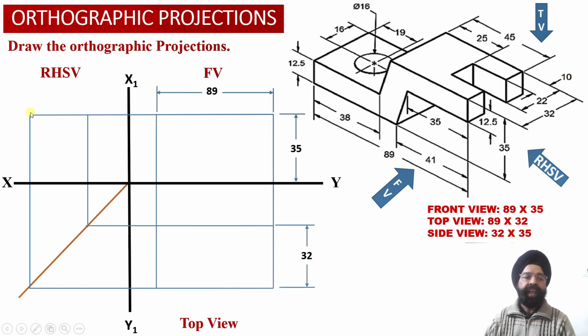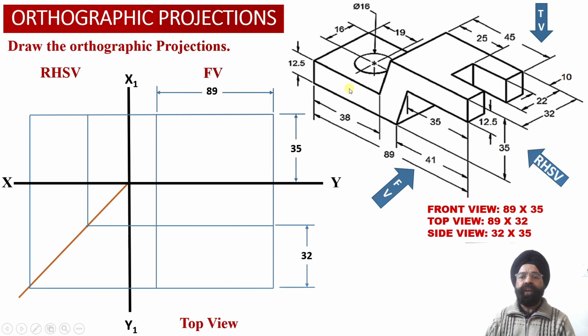So this way we have been able to complete the right hand side view face corresponding to this solid also, which is mirroring 32 millimeter depth of the solid, 35 millimeter height of the solid over here. So this way we have been able to obtain the front view face projections, the top view face projections, and the right hand side view face projections over here.